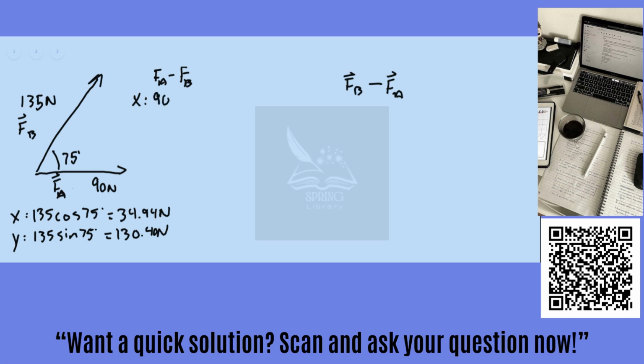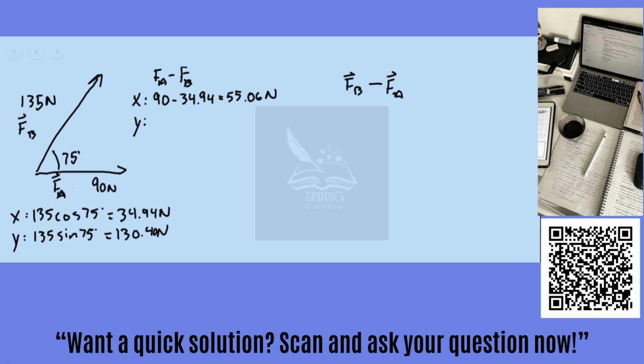So we're going to do 90, and then f sub b also has a positive x component, but since we're subtracting it, it's going to be minus 34.94. And that is going to give us a magnitude of 55.06 newtons.